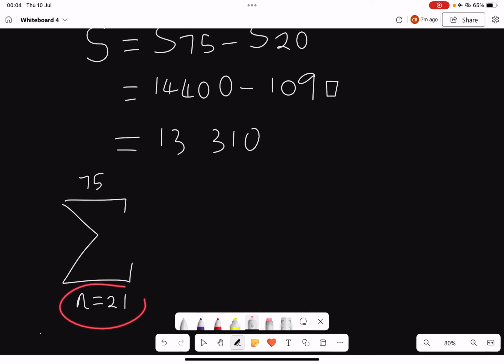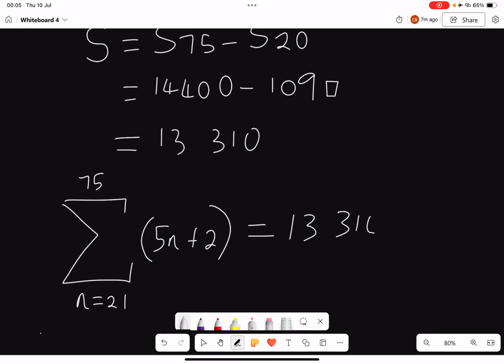You always show where you are starting and where you are ending. And here you must always show your Tn formula in brackets, which is 5n plus 2. And then you show what the sum is equal to, which is 13,310. Right, ladies and gentlemen.